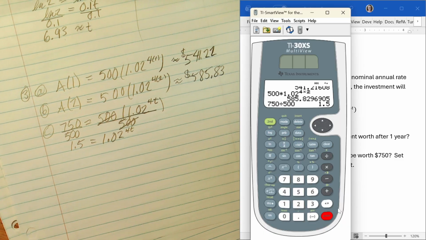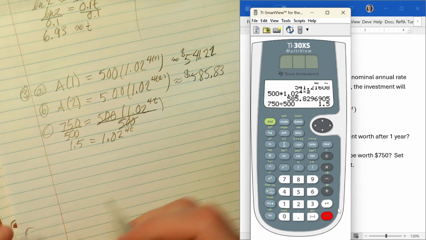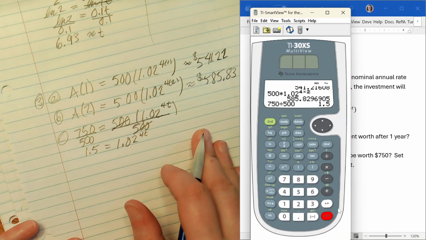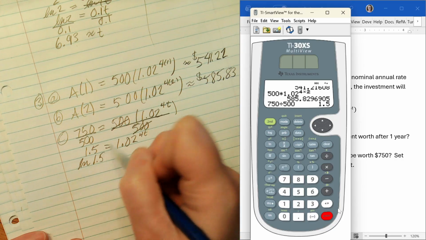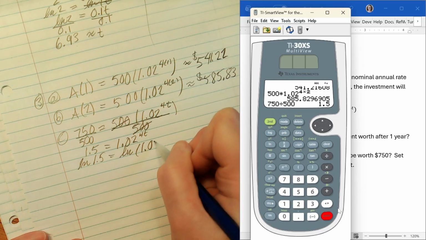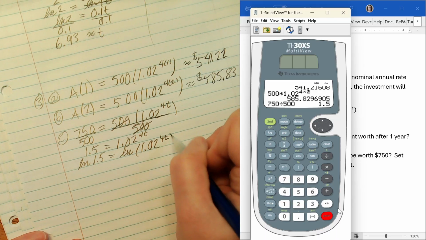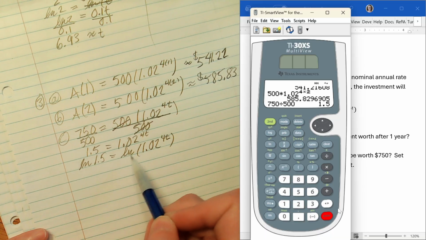Okay, so now how do I get 4t down from the exponent of this number on the right? I can still use natural log, even though I don't have e as the base. I just have to go about it a little bit differently. So I'm going to do natural log of both sides. And now I can't just cancel out here because I don't have e on the inside.